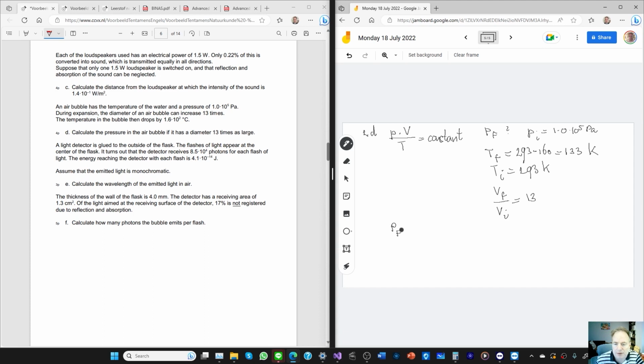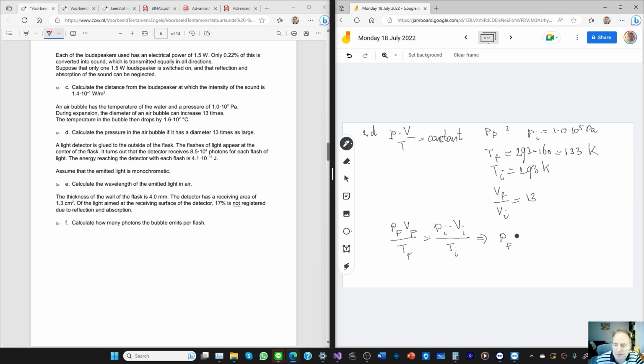So we have P final divided by T final equal to the same expression for the initial values.